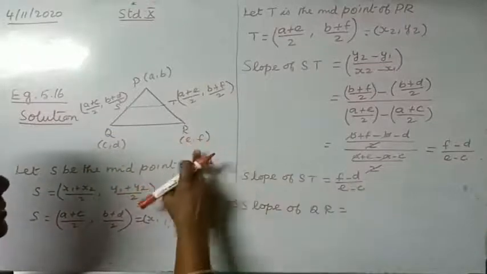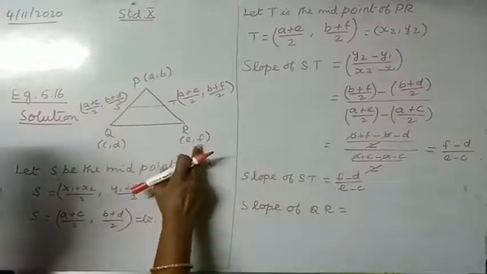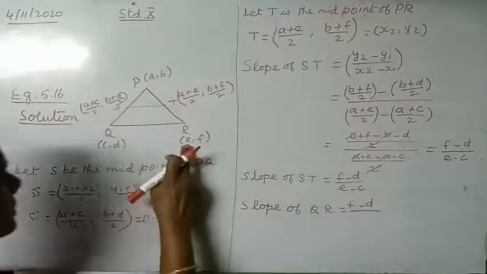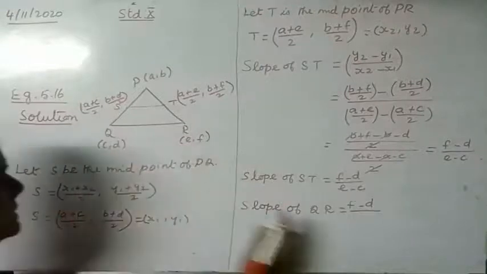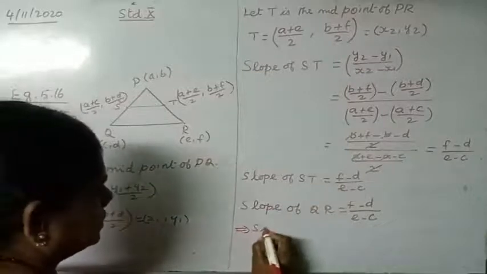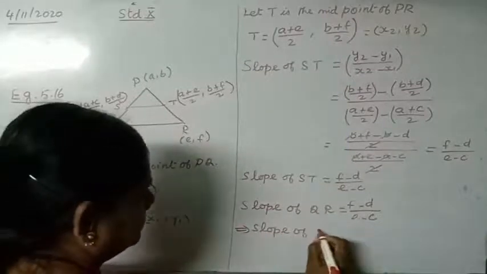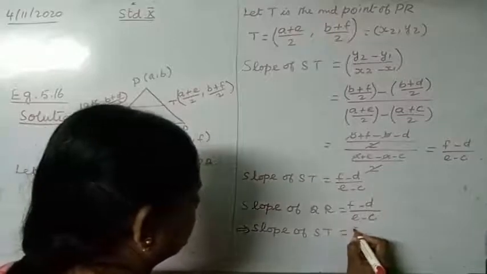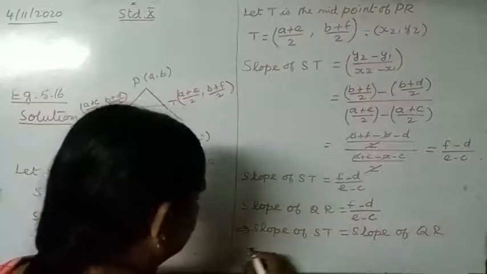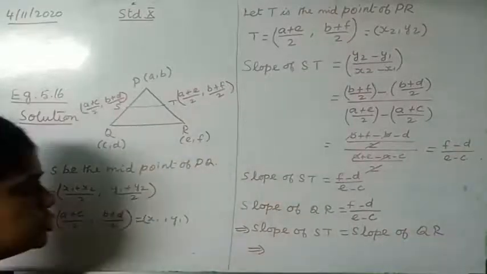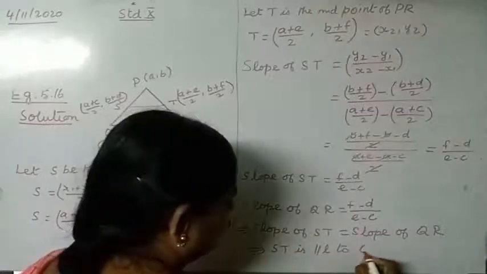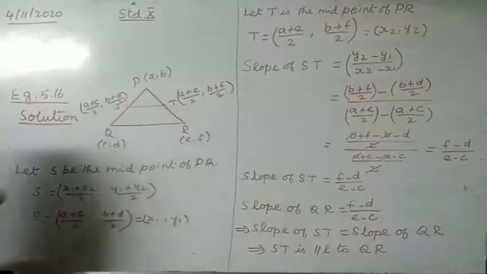Applying the formula straight, y2 minus y1, so F minus D by x2 minus x1, E minus C. So these two are equal, which implies the slope of ST is equal to the slope of QR. So they are parallel to each other. So ST is parallel to QR.